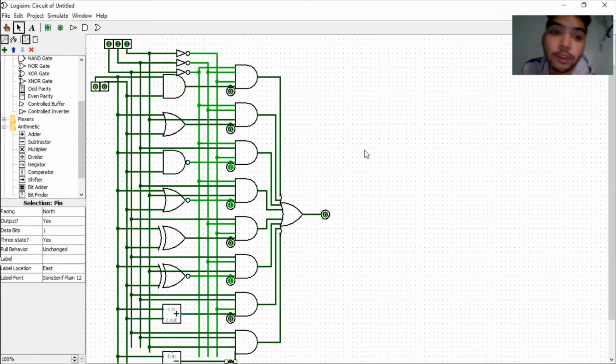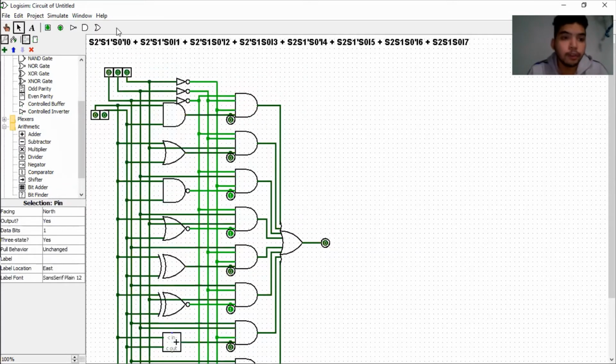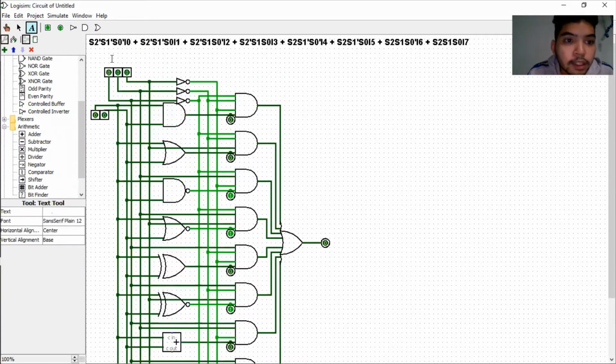So now we're going to test it. So we can label it as S2. So these three bits will serve as our selector, while these are for the input.